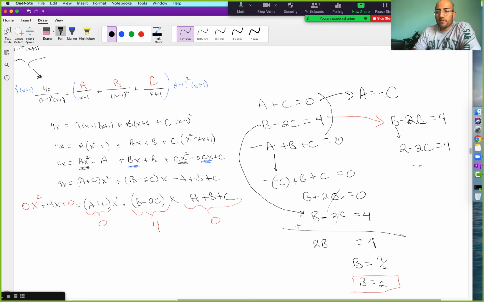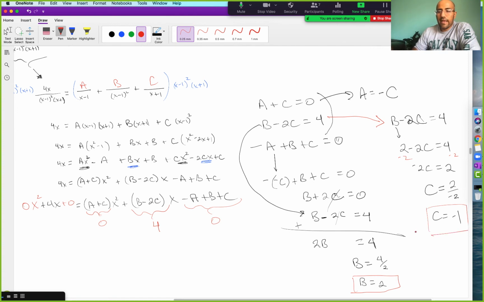So minus 2c, if I subtract 2 from each side, must be equal to 2. Minus 2, minus 2. And then if I divide, I get that c must be equal to 2 divided by negative 2, or c must be equal to negative 1. That's 2 down, 1 to go.